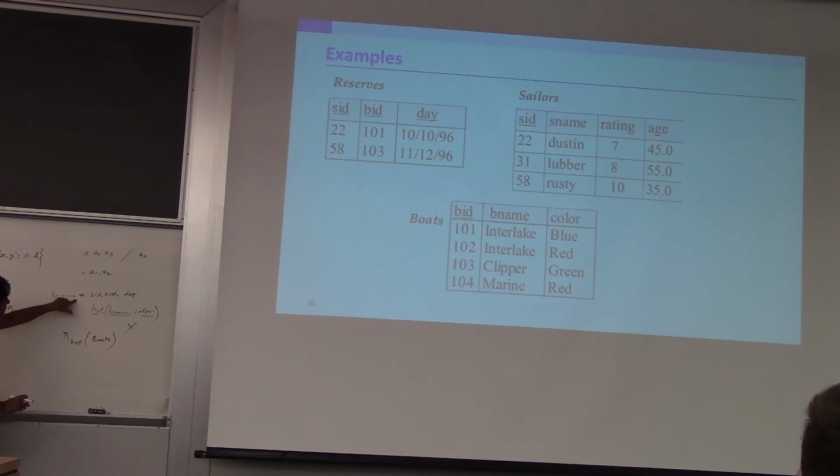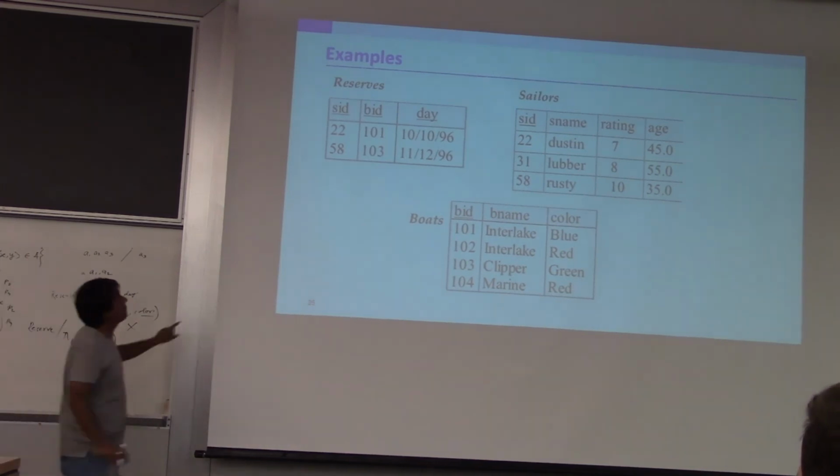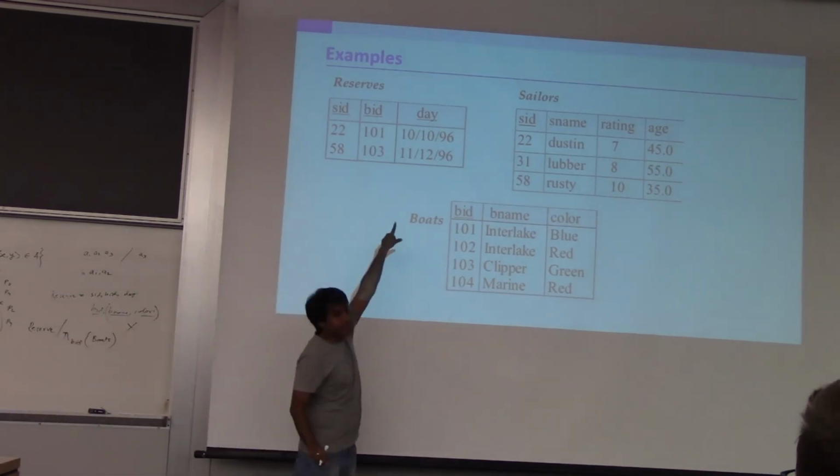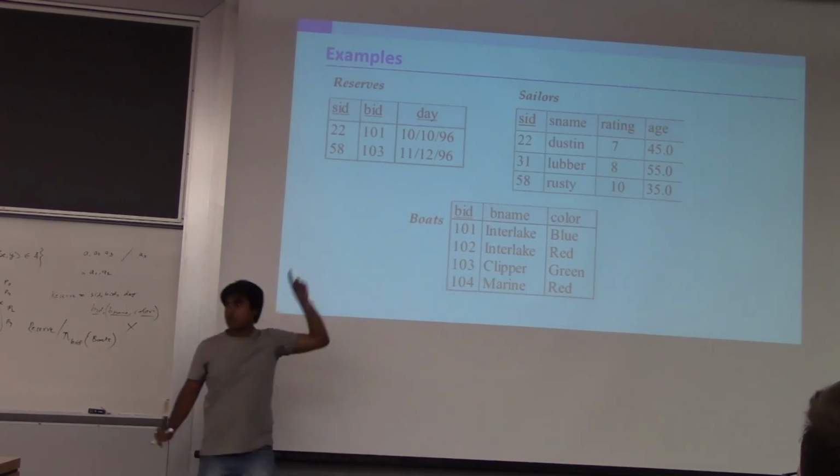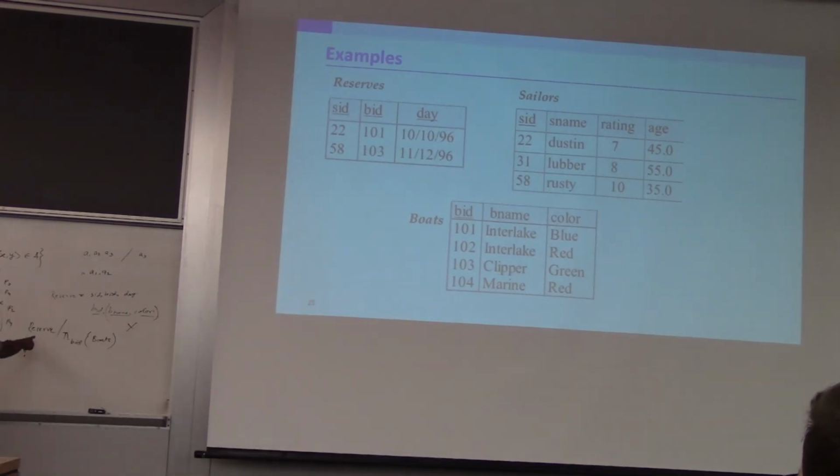Now when you do the division, can you simply do reserves divided by boats, with SID, BID, and day? If you do this, it says who has reserved all the boats on a particular day.